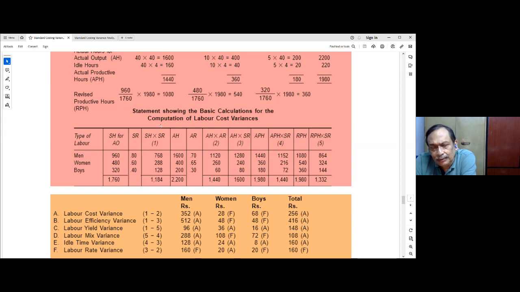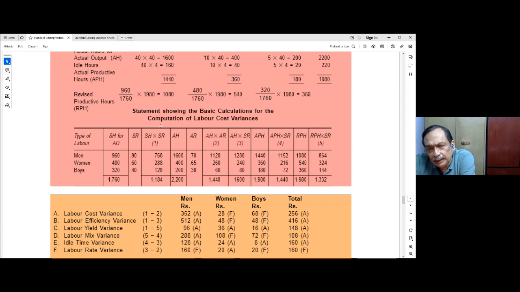Then we get SH into SR, let it be 1. It comes to 768, then 288, then 128. So total comes to 1184. Then AH, we are going to jot it down: 1600, 400, then 200. Total comes to 2200.